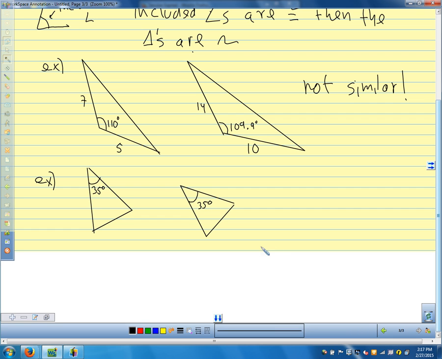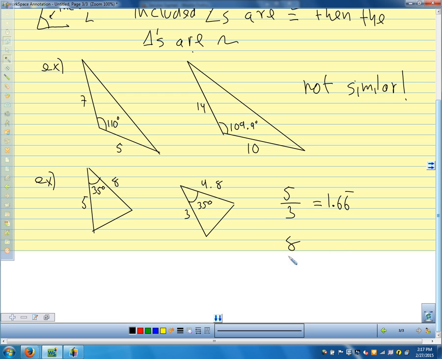Angle looks okay, right? 5 and 8, 3 and 4.8. Are they similar? What do we have to do? Find the ratios. So what side am I going to match up with the 5 side? And 5 divided by 3 is 1.66 repeating.